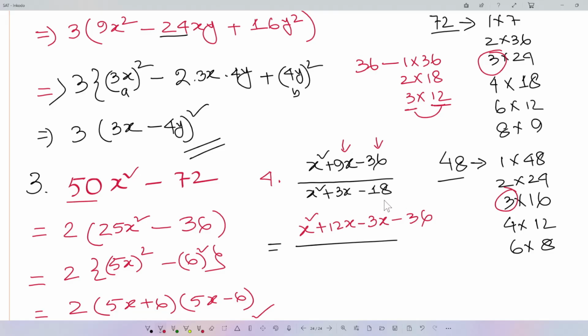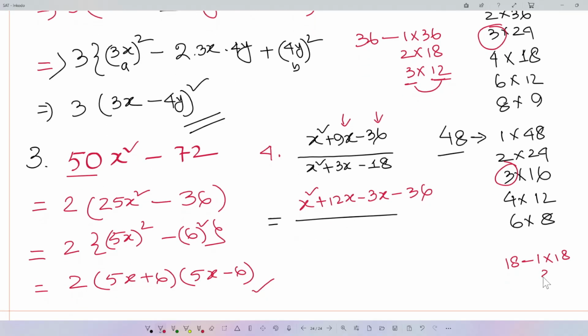Okay, so what about 18? 18 we can write 1 times 18, then 2 times 9, 3 times 6. Look, 6 times 3 is 18, and also 6 minus 3 is 3. So we can write x² plus 6x minus 3x minus 18, right?